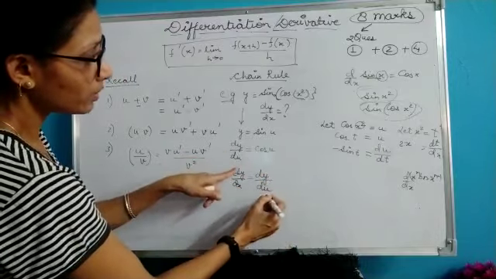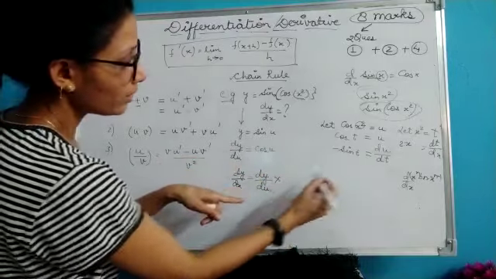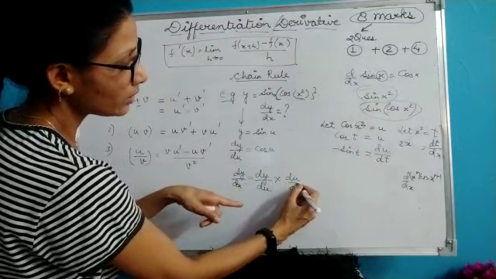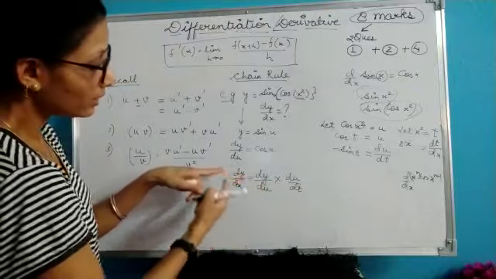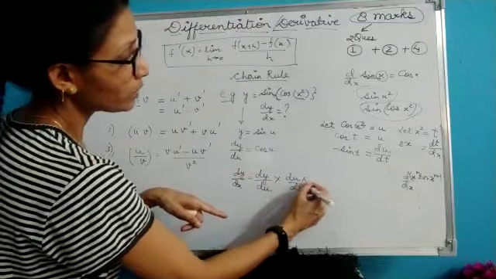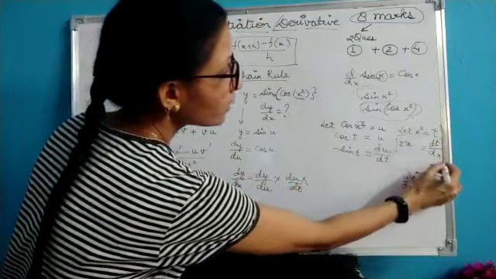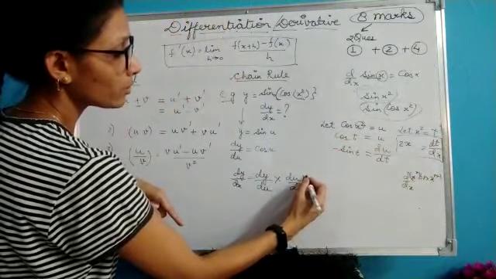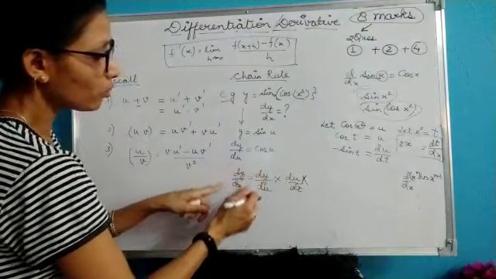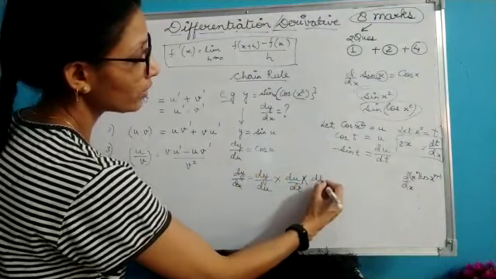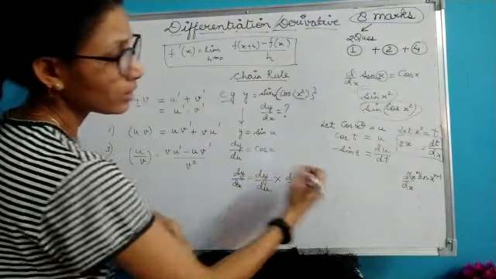This is dy by du into du by dt. So here du is gone and I have got dy by dt, but I need dy by dx. That means whatever I have taken here, I also have to take in the chain. So I am forming a chain to get the value of dy by dx, and here I am writing dt by dx.